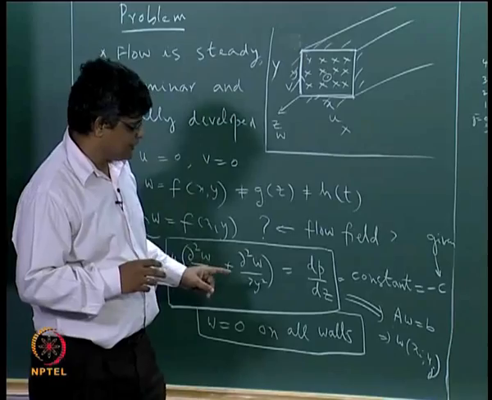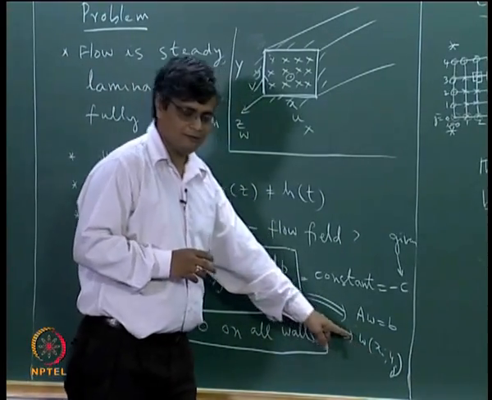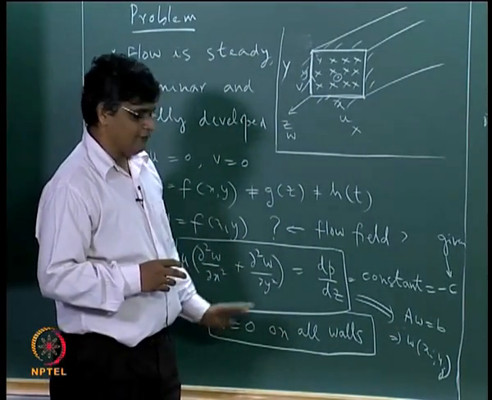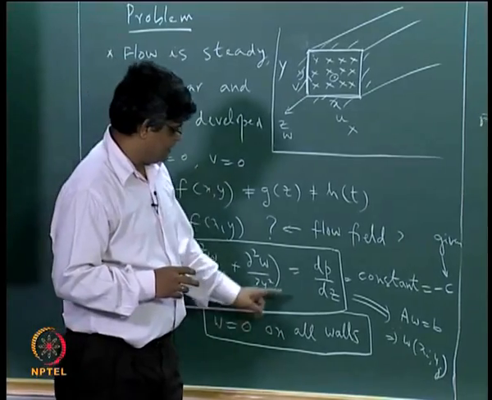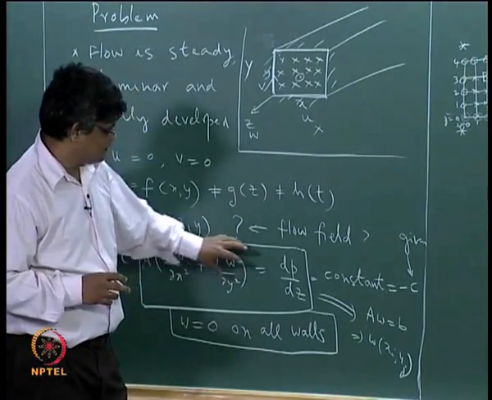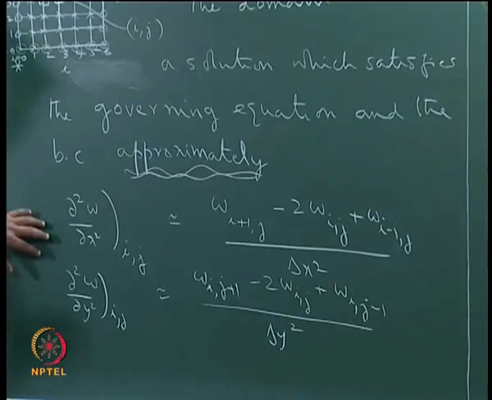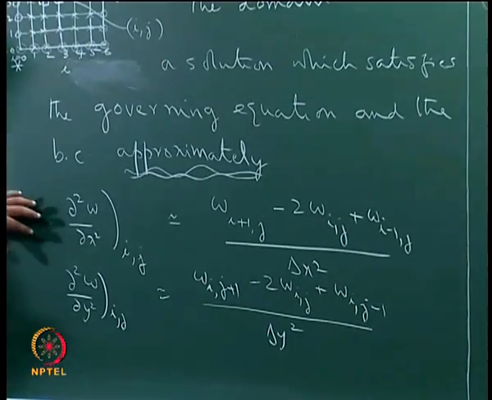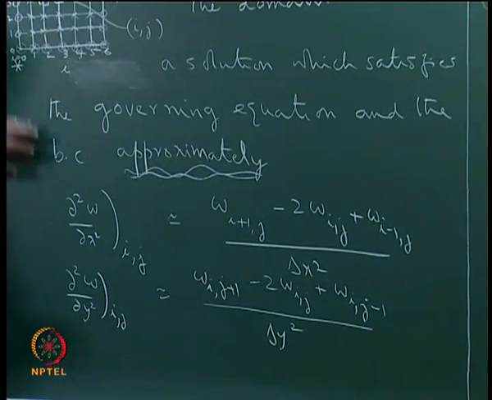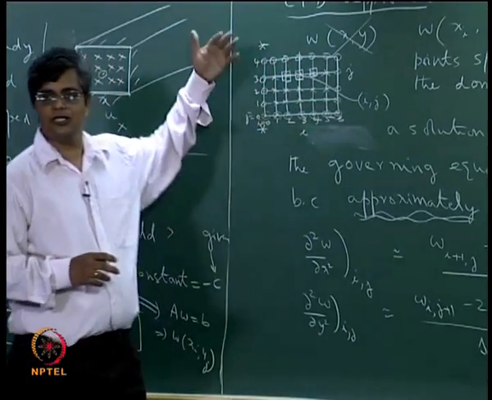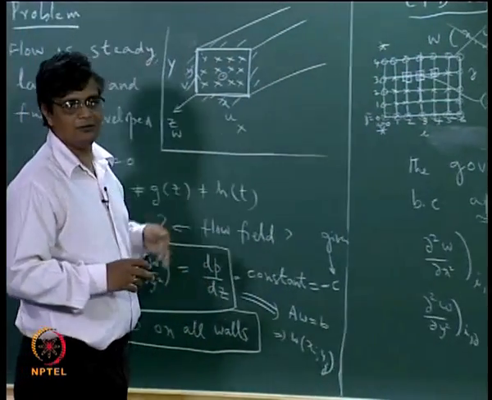We would ultimately like to get a solution of W(x,y) which is very accurate. So the approximation of this PDE into the corresponding difference approximations has to be very accurate, and that is possible if we have a large number of points. The more points we have, the better the accuracy.